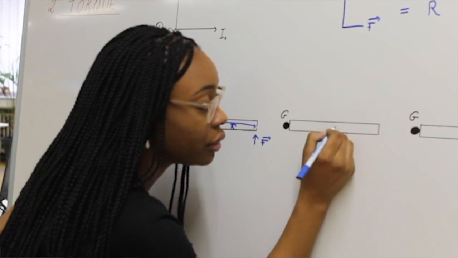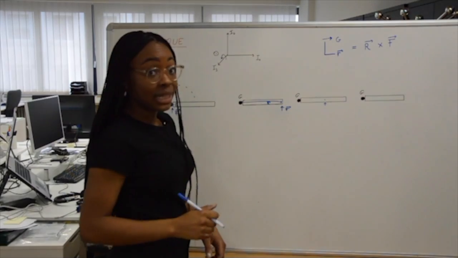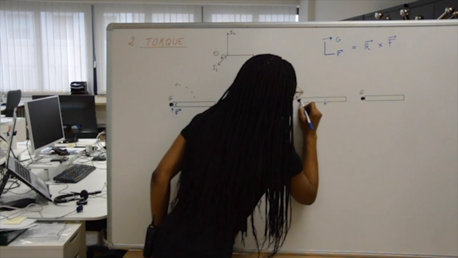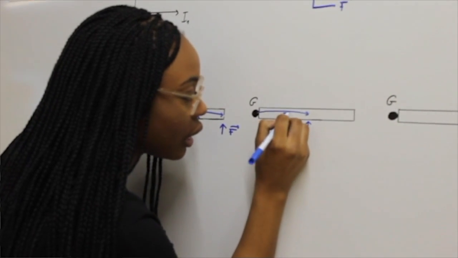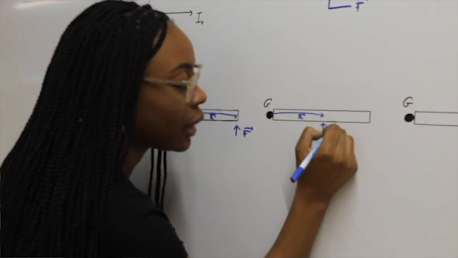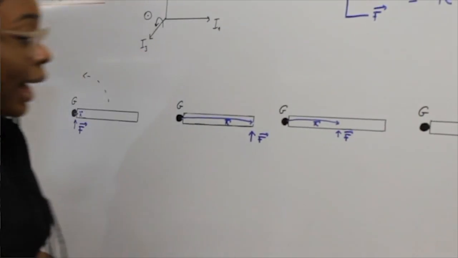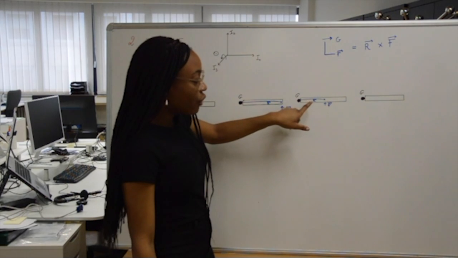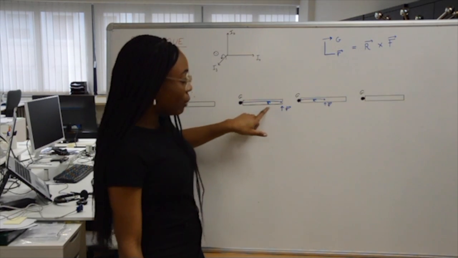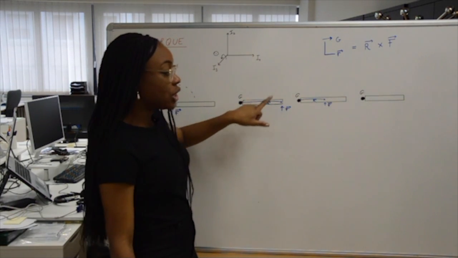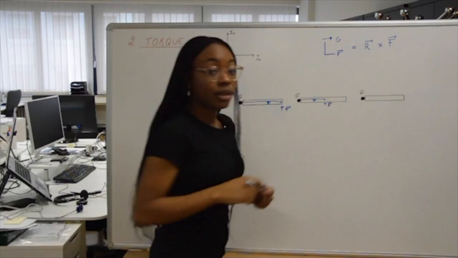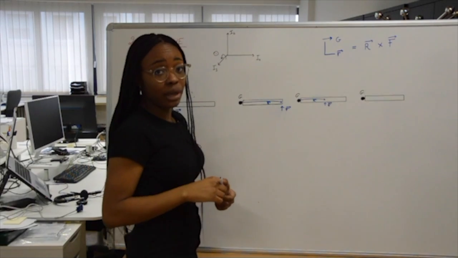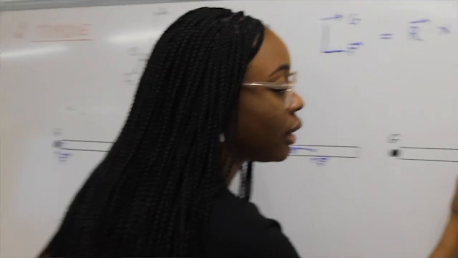Let's say here. Now, we see that the lever arm would be like this. Here is the force. And since the lever arm times the force is smaller than in this situation, this torque would be less effective than this one. So what would happen if we applied the same force, but here?